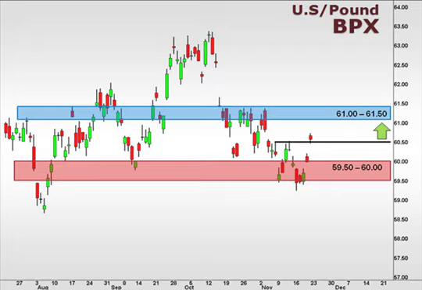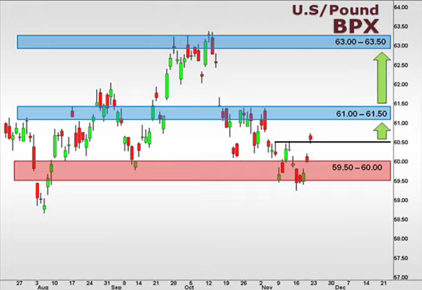However, Friday's close on the lows of the day suggests that we should be open to the possibility of a move back down towards 59.5, 60. A break below that opens the window for a possible continuation to the downside that may test this 57 box. A break above the 61, 61.5 focal zone will have us targeting the 63, 63.5 range in the intermediate term.